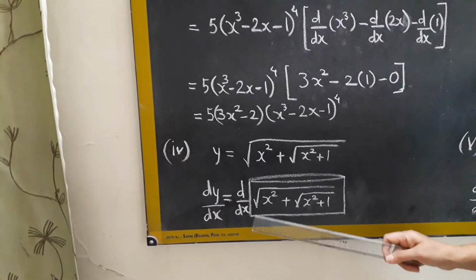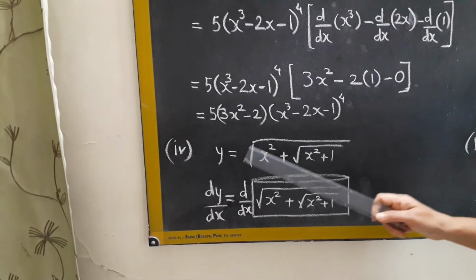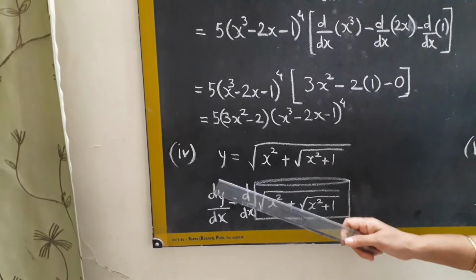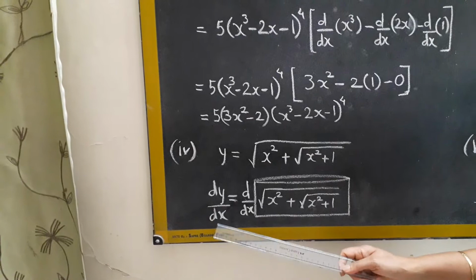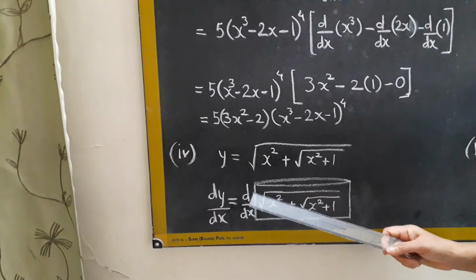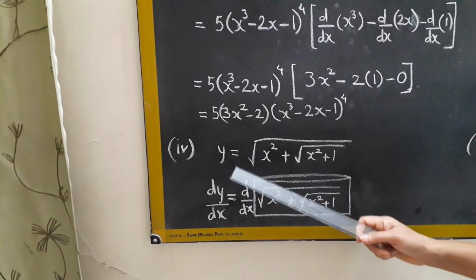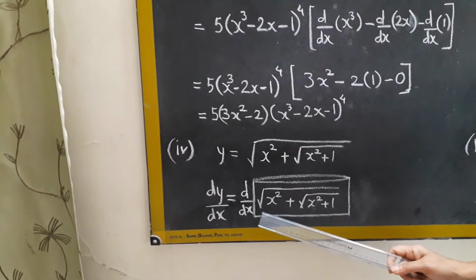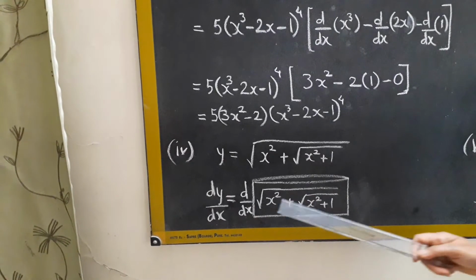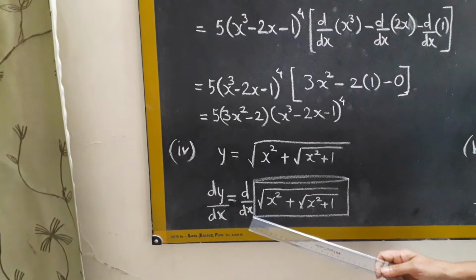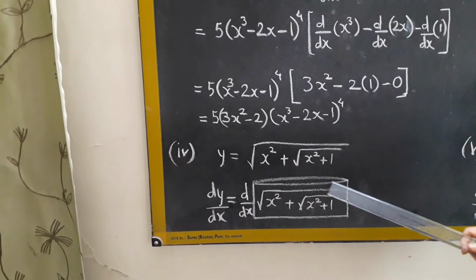The square root of the expression is the function here, and so we are finding out the derivative now. dy by dx is nothing but, take out the derivative, meaning open the lid of the whole expression y, and that is why I have written here the whole expression y, enclosed in a box.